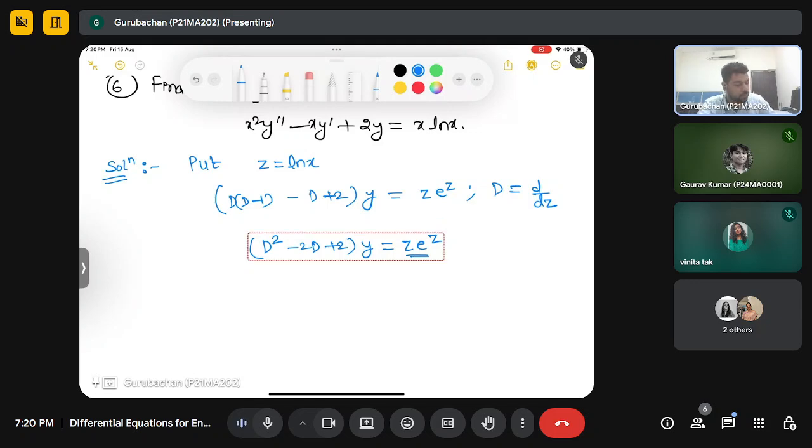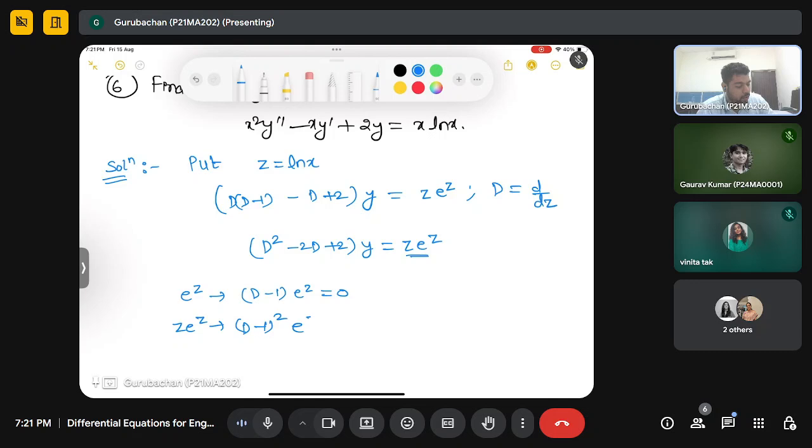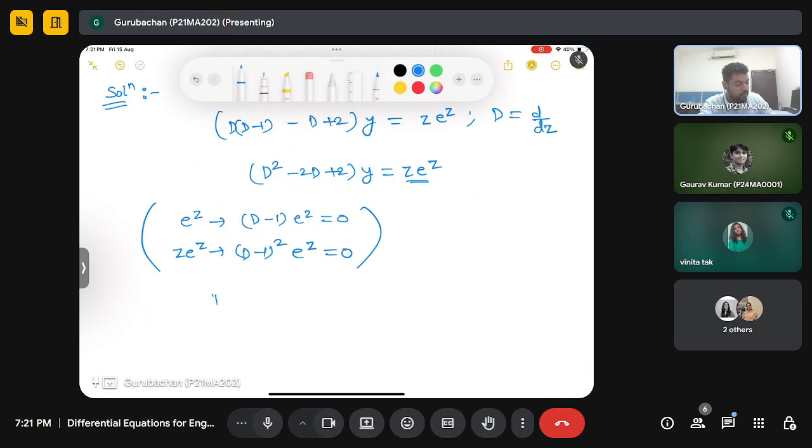We know e to the power z is annihilated by D minus 1, but since it is z times it, the root repeats, so we need the square. Therefore, we apply (D minus 1) squared on both sides.